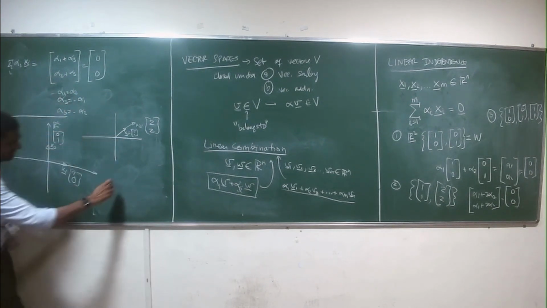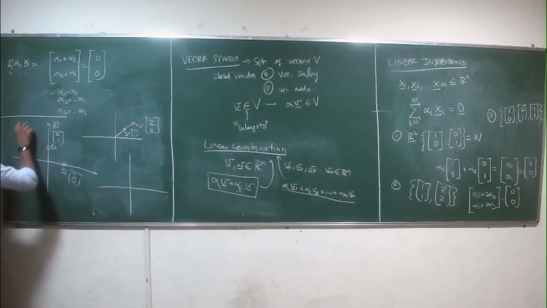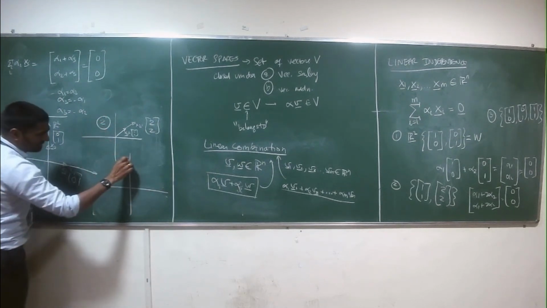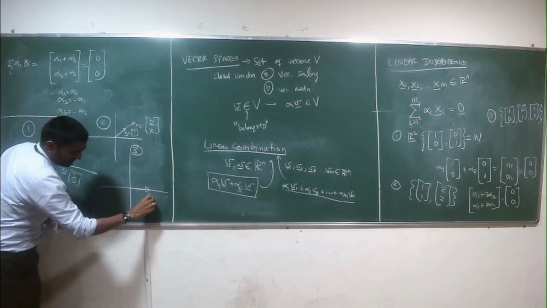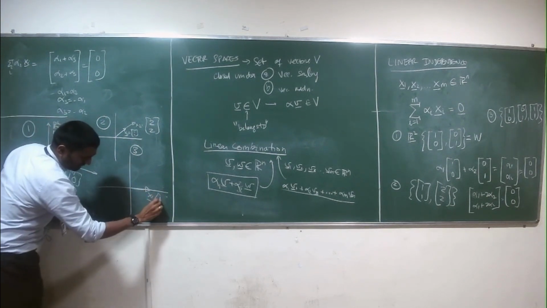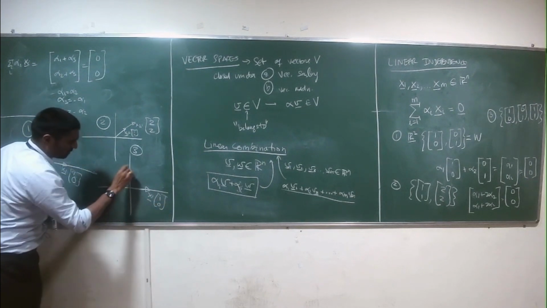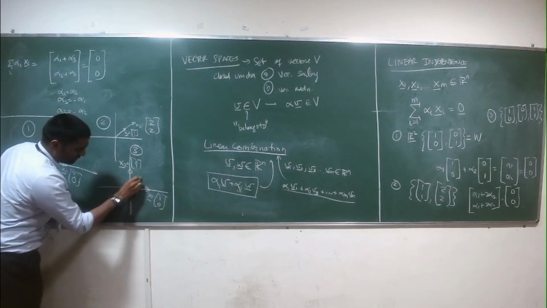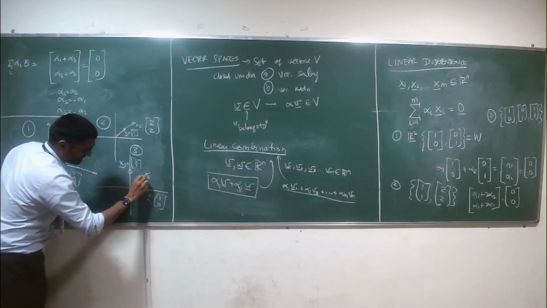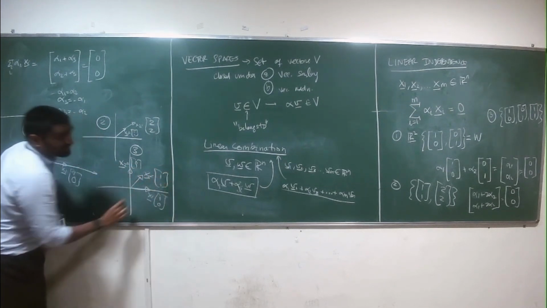What about the third one? Third problem. So this is for the first problem. This is for the second problem. This is for the third problem. So you had x1, which is 1, 0. You had x2, 0, 1. And then you also had x3, 1, 1.